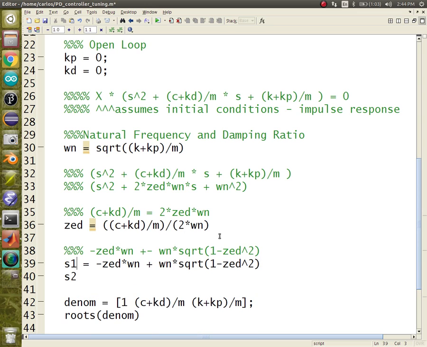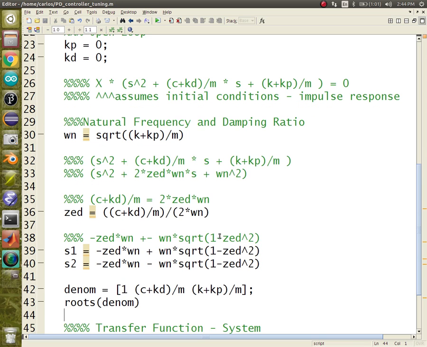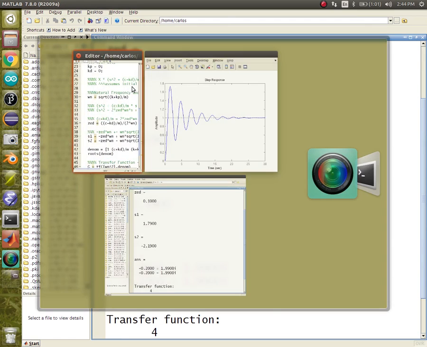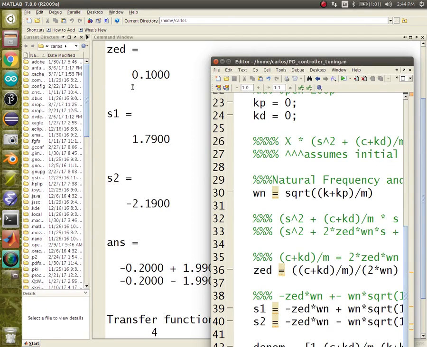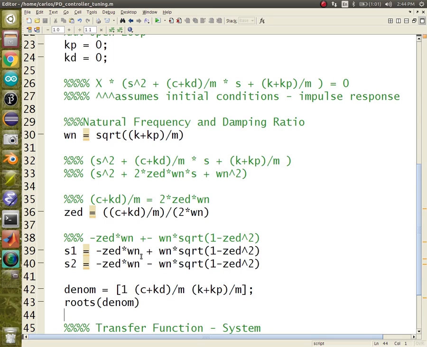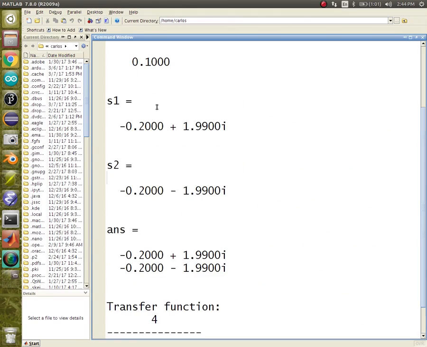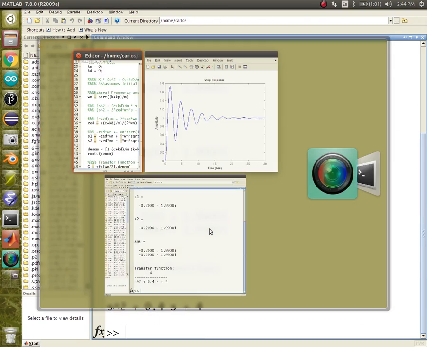And s2 is the exact same thing except minus. If I run that and look here, it looks like I forgot to put an i in there. Let's see, i. Run that one more time. And there we go, I get the exact same thing.